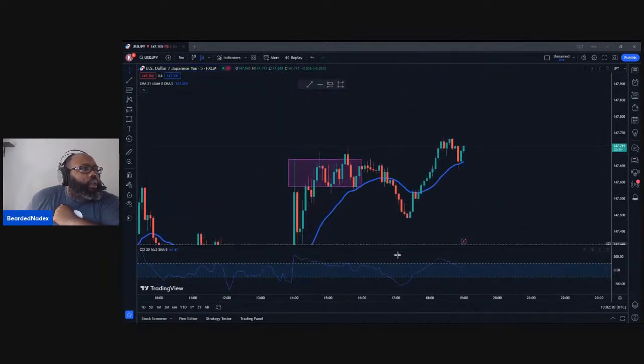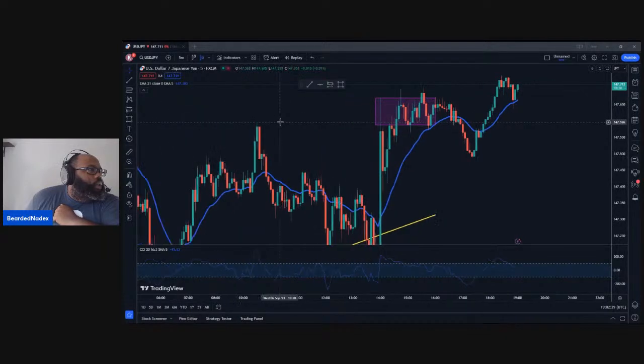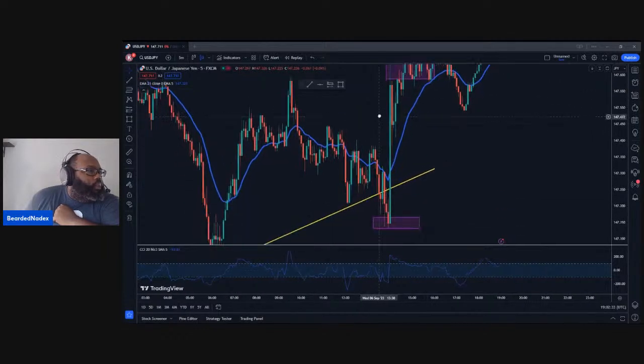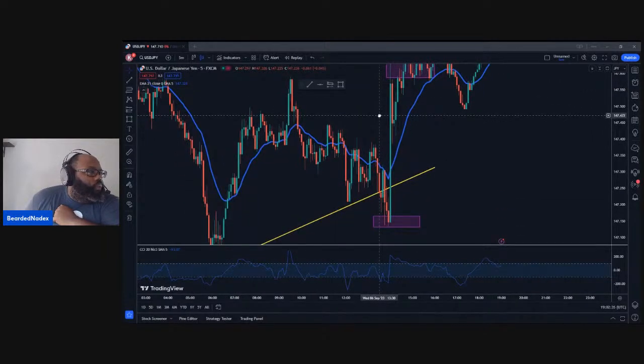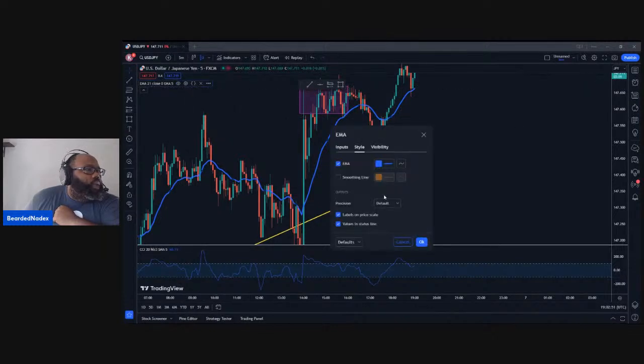So let me just verify this real quick. This looks a little different. I have to check some of my settings. Yeah, I don't like this EMA. This EMA is not set right. Hold on. It's not set right.